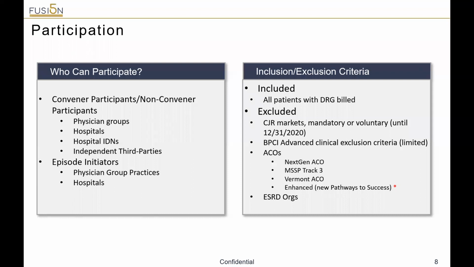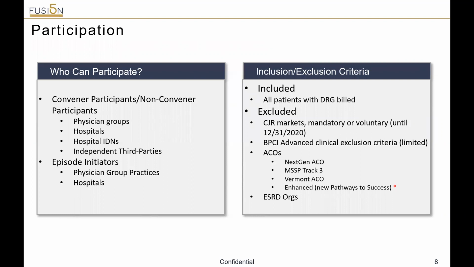There are certain exclusion criteria for BPCI that is extremely limited. The main exclusion is based on patients that have bona fide and properly recorded end-stage renal disease, or ESRD. There are certain other patients that are excluded from BPCI because of an association with other programs, generally ACOs.